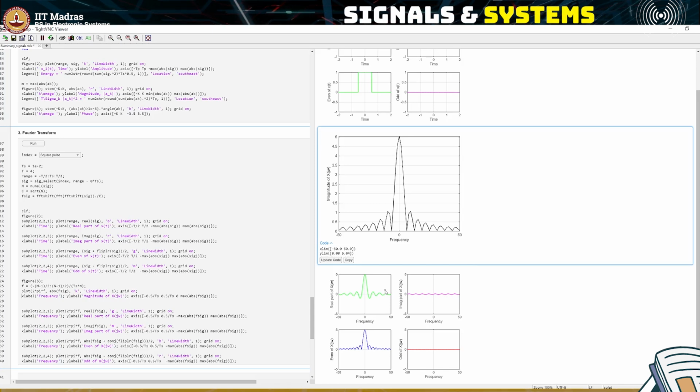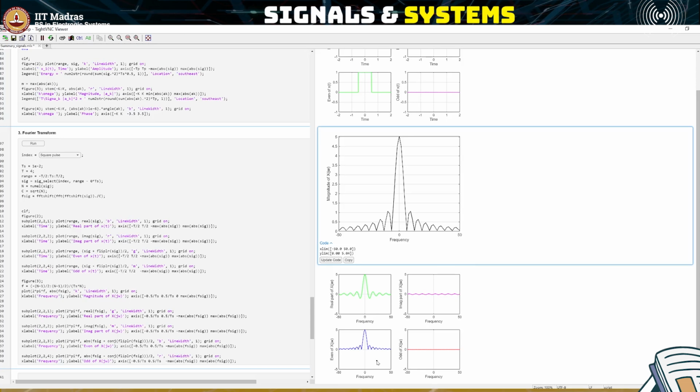And the even part is exactly the Fourier transform here. So the magnitude of the even part is plotted here. And that is once again matching with our theory, because if the time domain signal is real, then we should see only the even part in the Fourier domain and the odd part should be 0. And that's exactly what is happening.